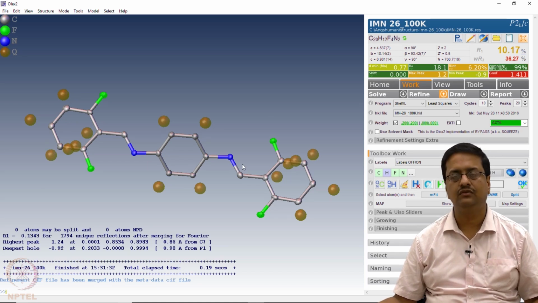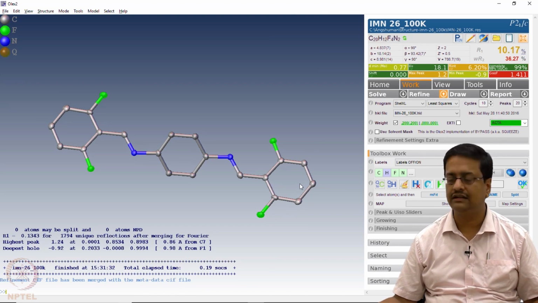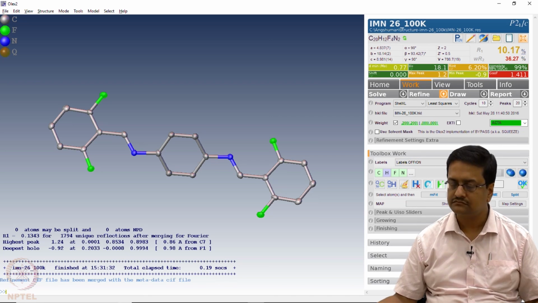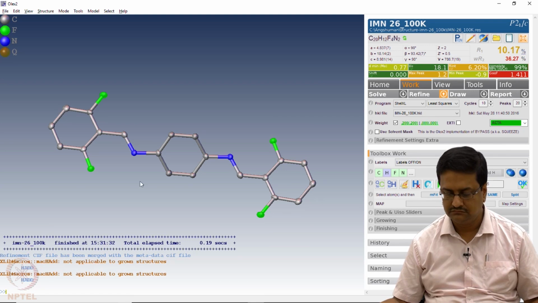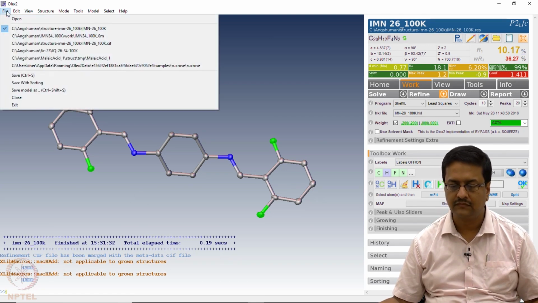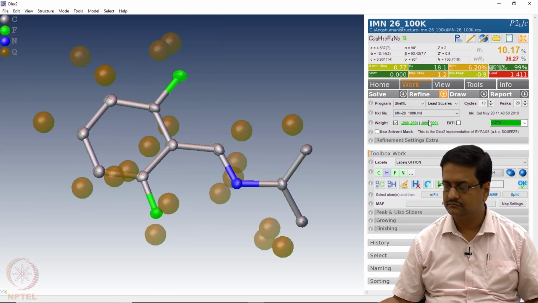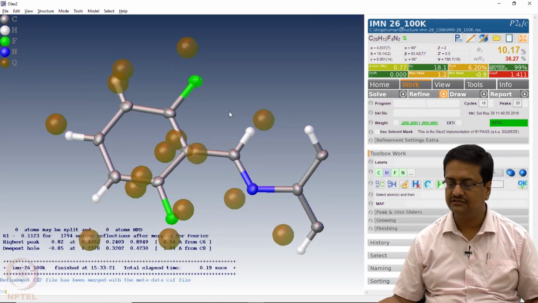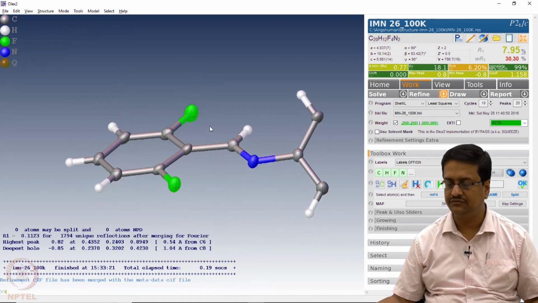So we do not try to locate those hydrogens, rather we try to fix them geometrically at their ideal locations. So when we say add hydrogen, it simply adds those hydrogen atoms and immediately refines a few cycles.